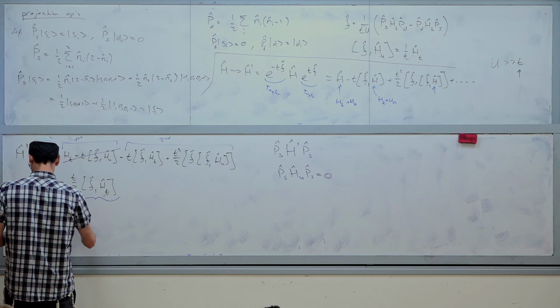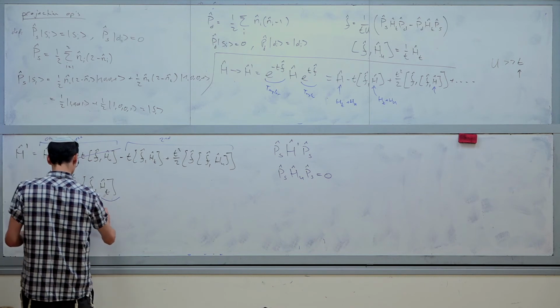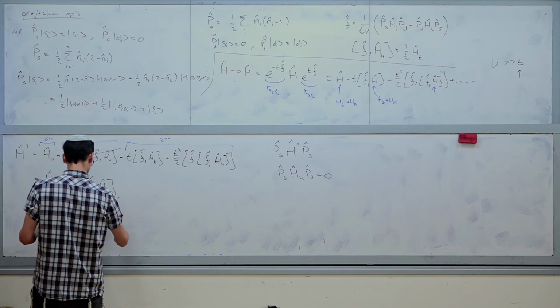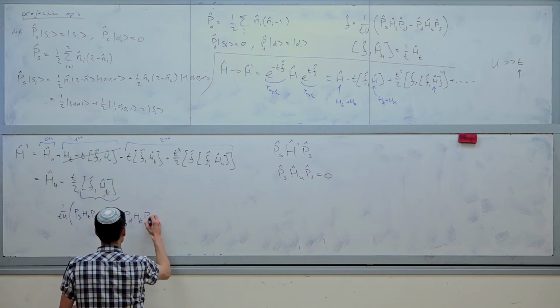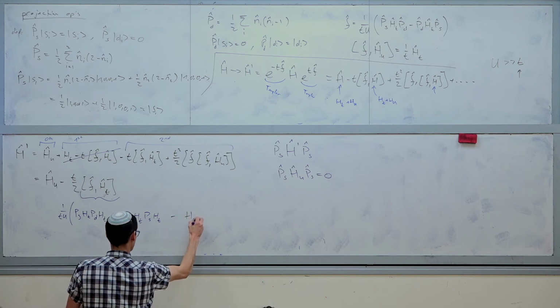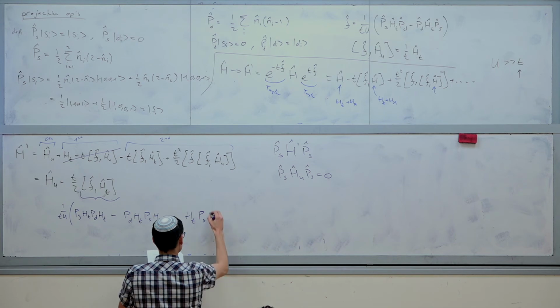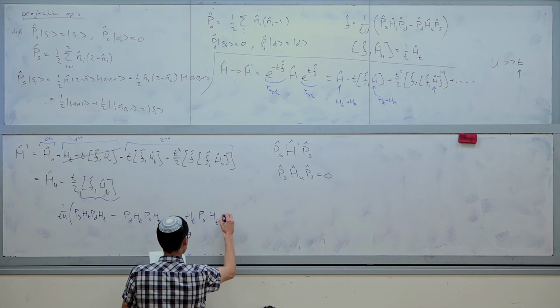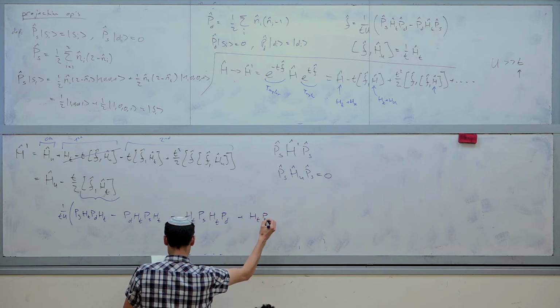So there's PS, HT, PD, HT, minus HT, PS, HT, PD plus HT.